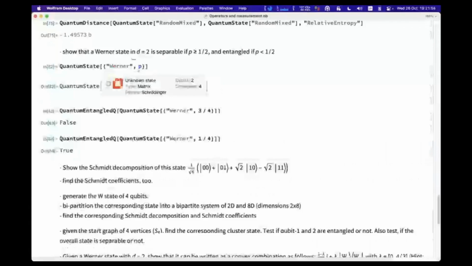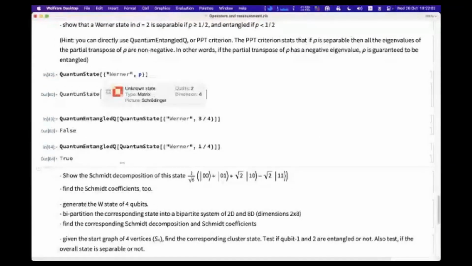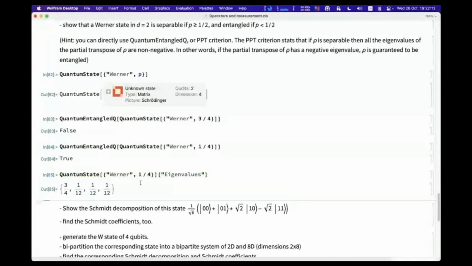Let's see how we can check that. For that Werner state, we can directly ask for the corresponding eigenvalues of the density matrix. For example, let's look at the eigenvalues for the density matrix. As you can see, in this case, when it is entangled, all of them are positive.